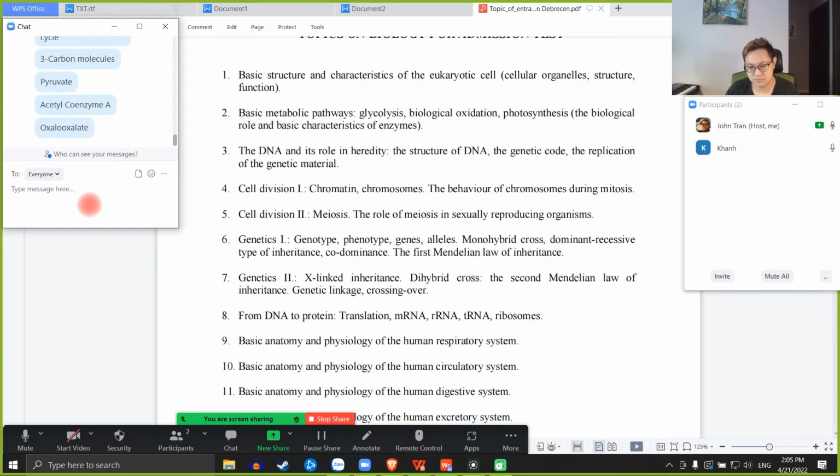Let me check. Sorry, oxaloacetate. But I think by this point, if you mention these names, it's already too much. It's already good enough. Okay, good. Please continue.